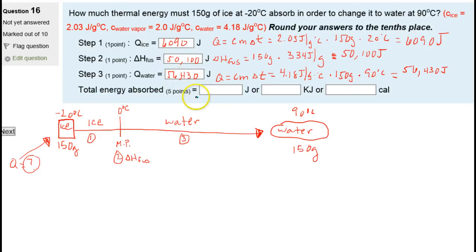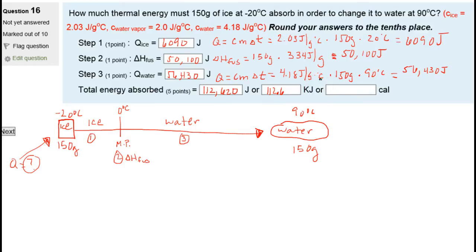Alright, so now that we figured all these 3 steps out, I simply add them up. And it looks like I end up with 112,620. If I want to convert this to kilojoules, I simply slide this decimal over 3 times, and I get approximately 112.6 kilojoules.